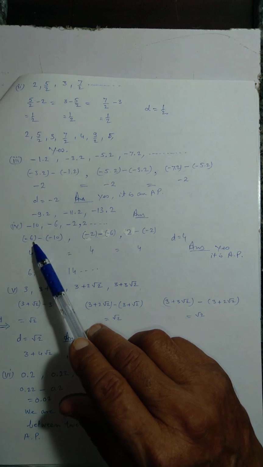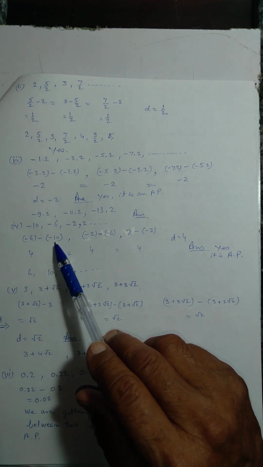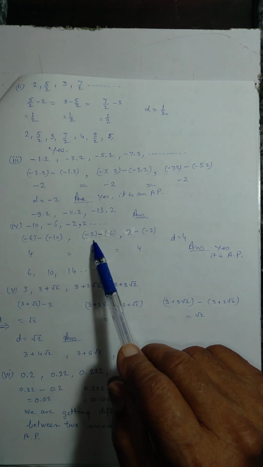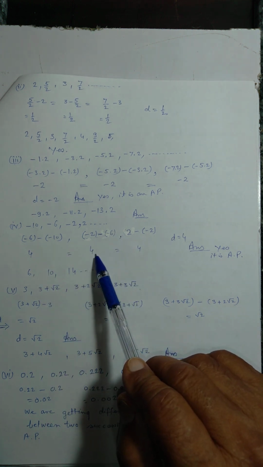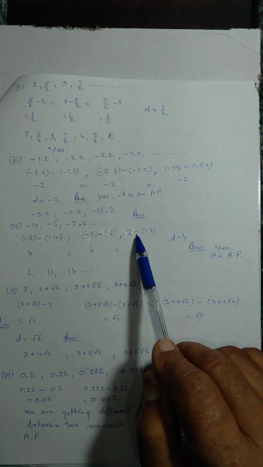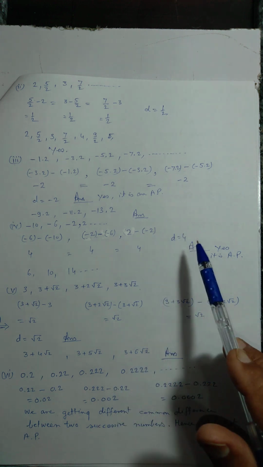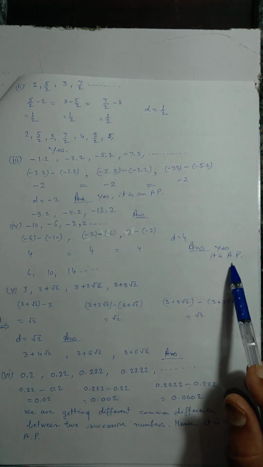So minus 6 minus minus 10, you are getting 4. Minus 2 minus minus 6, that is again 4. 2 minus minus 2, that is equal to 4. So the common difference is 4. Yes, it is an AP.